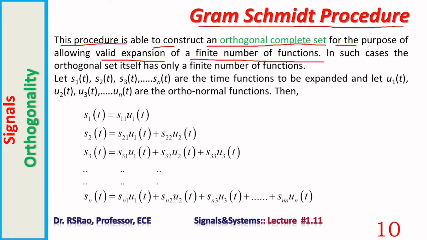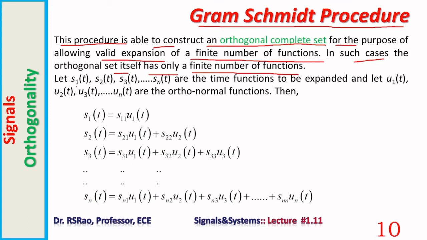Gram-Schmidt procedure. It gives a methodology, a sequence of steps by which one can construct an orthogonal complete set that is useful to expand these functions. In such cases, the orthogonal set itself has only a finite number of functions.